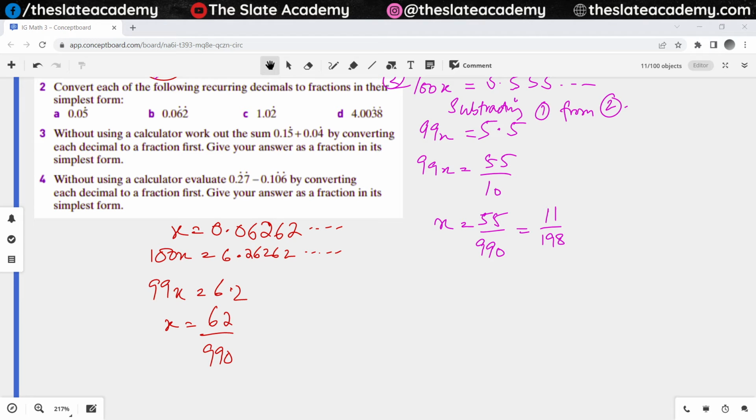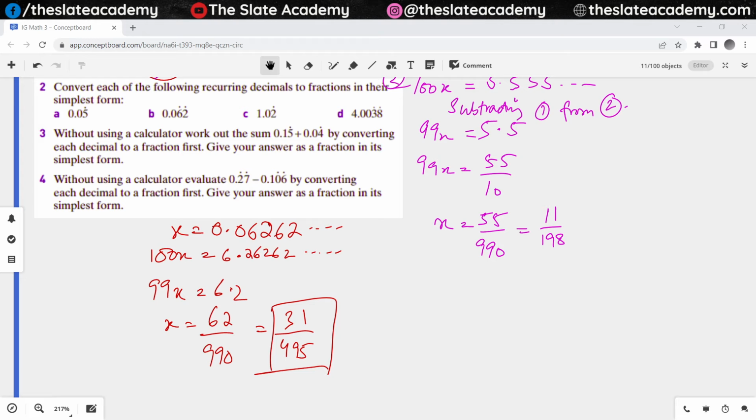I hope your solutions match. And if I simplify it further, 31 divided by 495, this would be the final answer. Now, Miss Anam, your solution. All right. 31 by 495. Excellent, excellent. Good job. Move on to the next part.